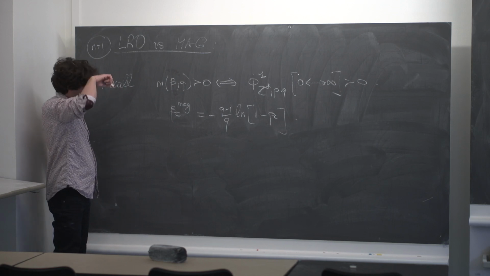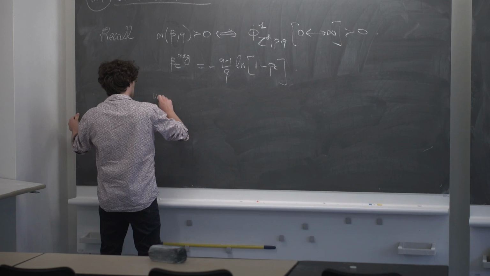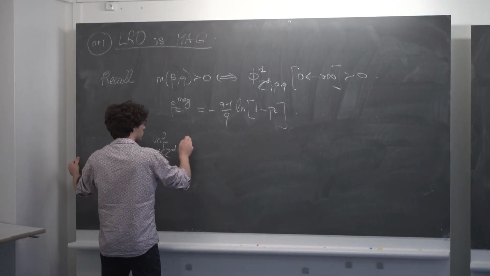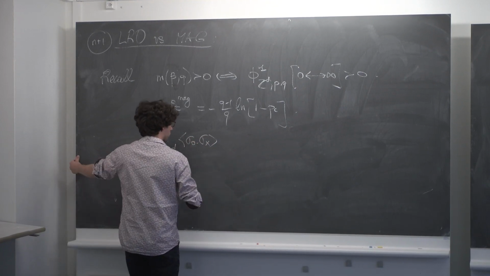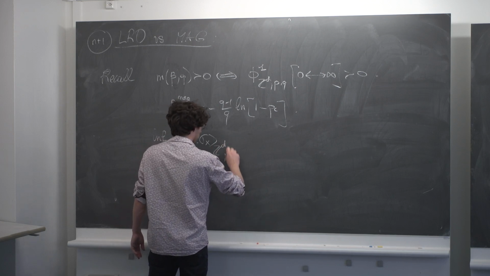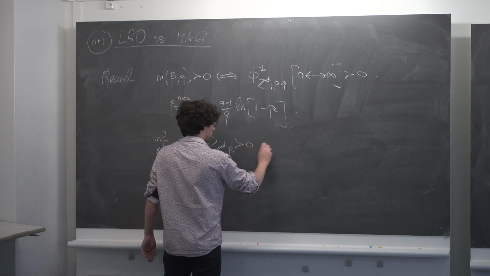Okay. Now, the long-range ordering, remember, is something about the infimum over x of sigma 0, sigma x, in ZD at beta, being strictly positive.